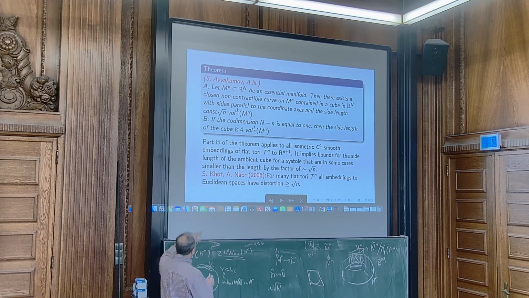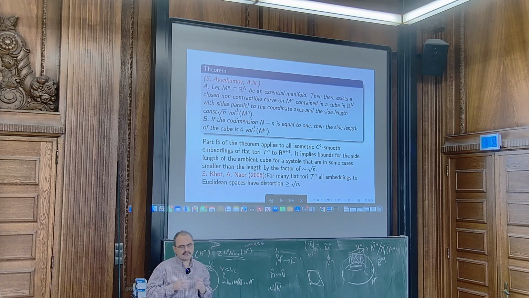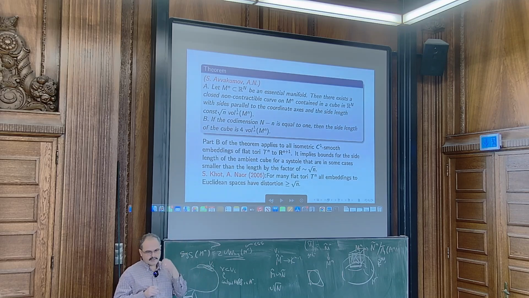No, for flat tori, we know that assuming volume 1, the length of a systole behaves like square root of n. For flat tori, we know that there are some flat tori for which it's square root of n. We know that we could embed them isometrically, so the length in the embedded tori still will be square root of n.